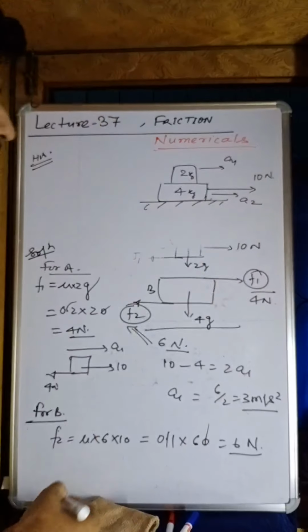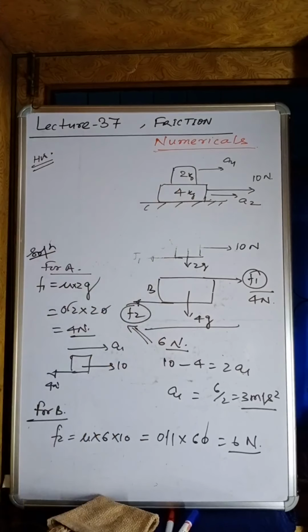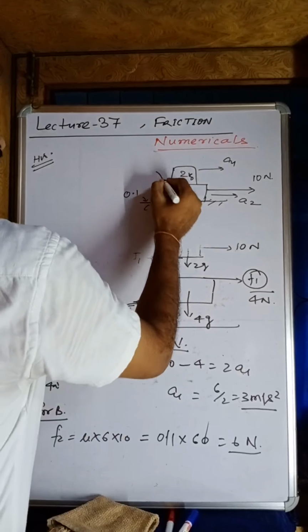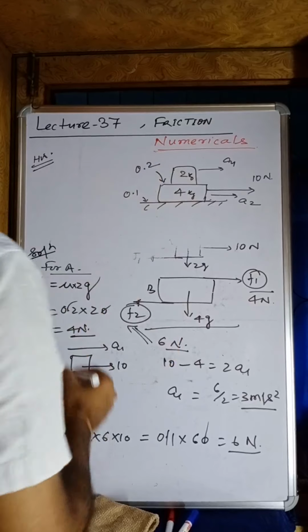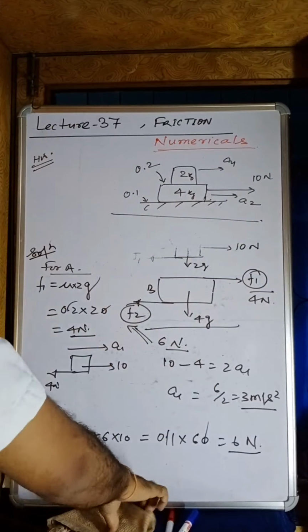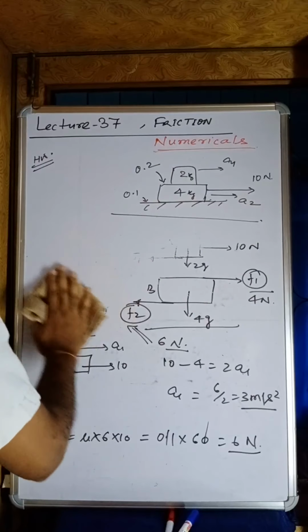You have to find. All the data are the same. It means the friction coefficients are 0.1 here and 0.2 here. Now this is your homework. Kindly note down, my dear students. You have to find the acceleration of both the bodies.